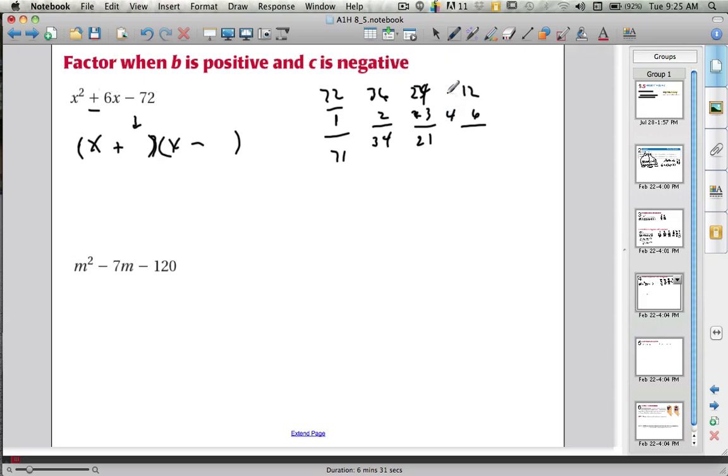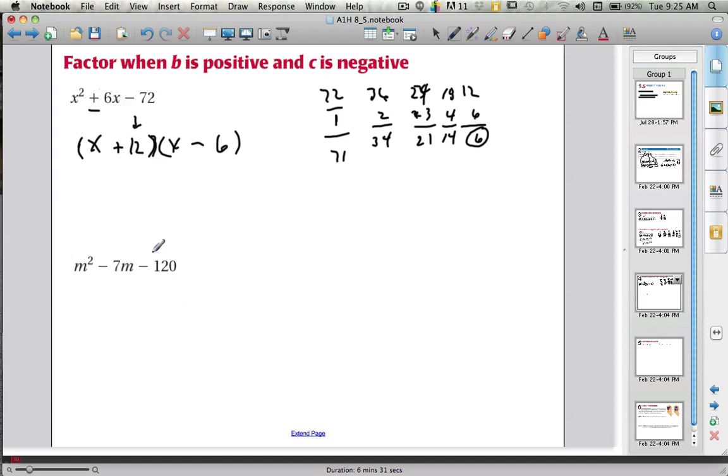I had 4 and 18. The difference there is 14, but 12 and 6, the difference is 6. That's the one I want. And remember, the bigger number goes here, 12 and 6. So what I'm going to get for my outsides and insides, I'll get negative 6x plus 12x will combine to be plus 6x.